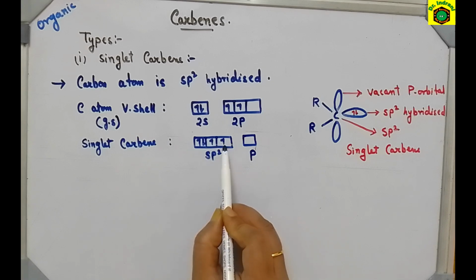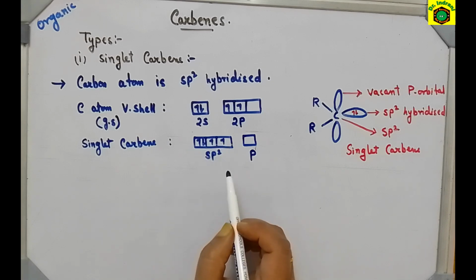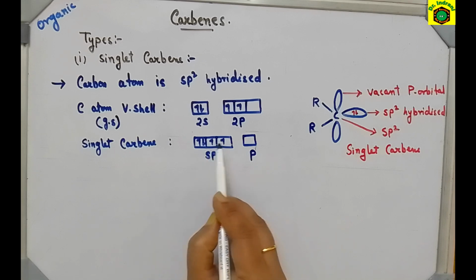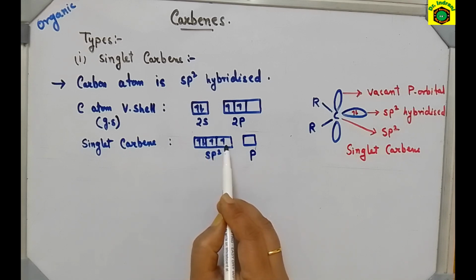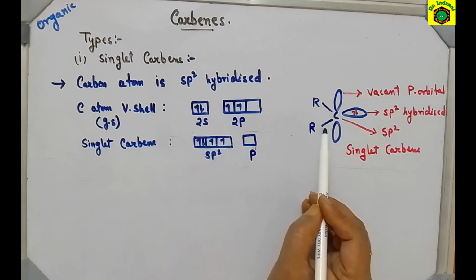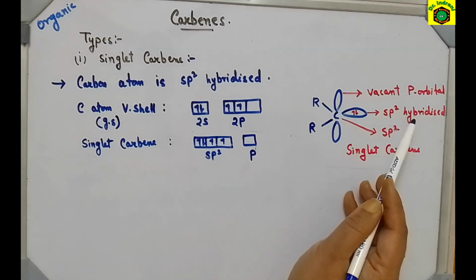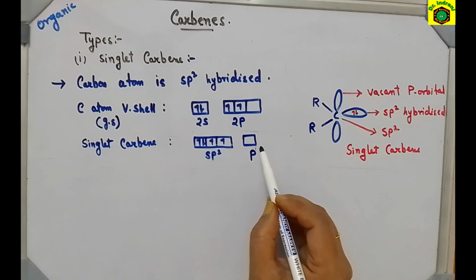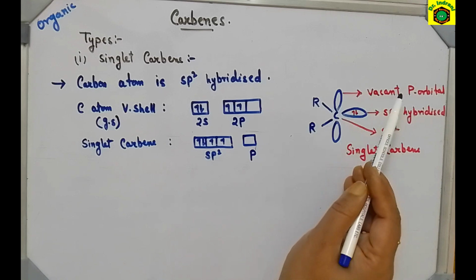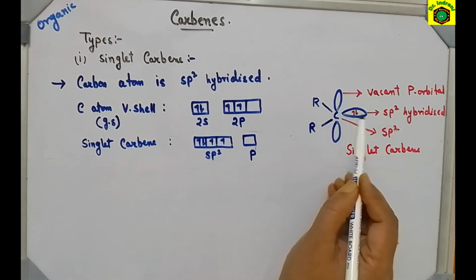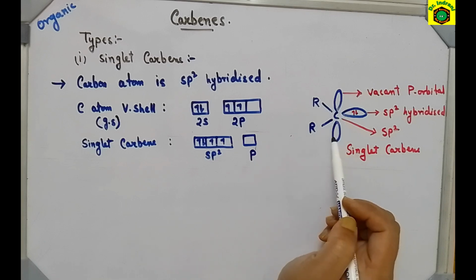Two of the three hybridized orbitals are utilized to form two covalent bonds, and the third orbital contains a pair of electrons with opposite spins. There is one vacant 2p orbital which is unhybridized. These three are in one plane and this is perpendicular to the plane.